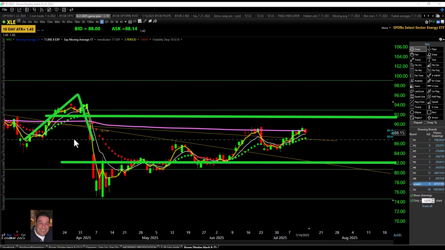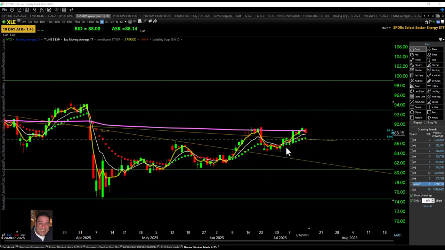Same thing if you move down and you give it up. So they're just still in neutral land. This is XLE, but in an uptrend, looking poised to strike and find a home inside that bullish upper third. All right, that's XLE. Let's take a look at USO.